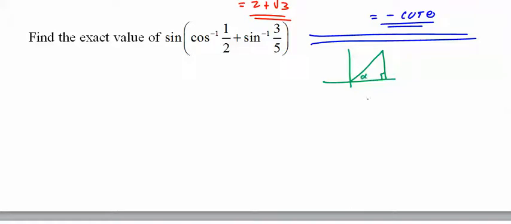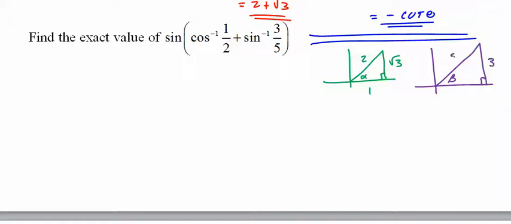Cosine of this alpha is 1 over 2, and that makes this root 3. And then this one over here, again, doesn't say what quadrant it's in, so might as well put it in first. Well, actually I have to because it's an arc sine, that goes first. The positive arc sine, so it goes first. This will be my beta.